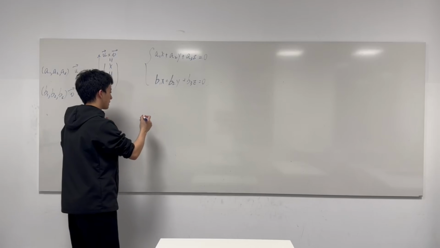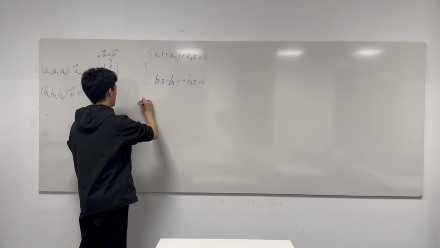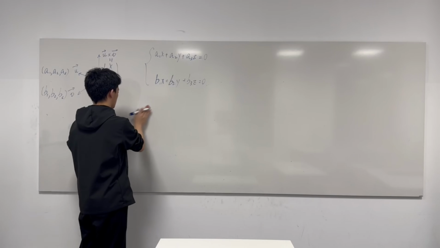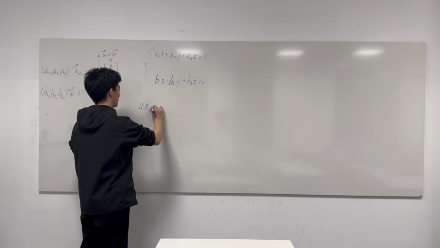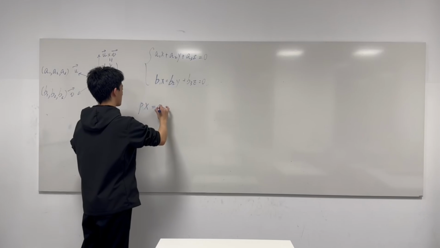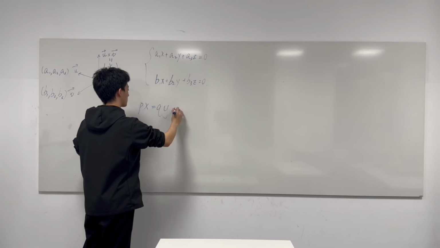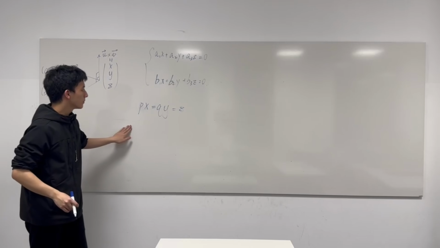So actually this line can be written in this form: px plus qy equals z. This line can be written in that form.